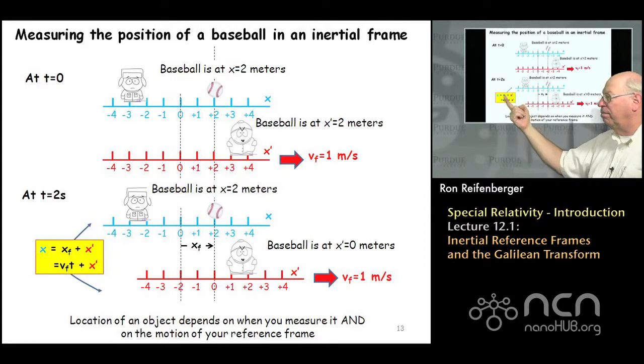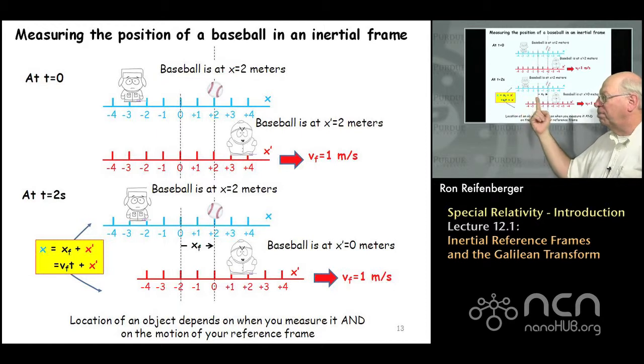It says that the blue value of x, which tells you what the position of the baseball is, is just equal to the displacement between the blue and the red reference frames, plus whatever measurement the guy in the red reference frame measures for the position of the baseball.